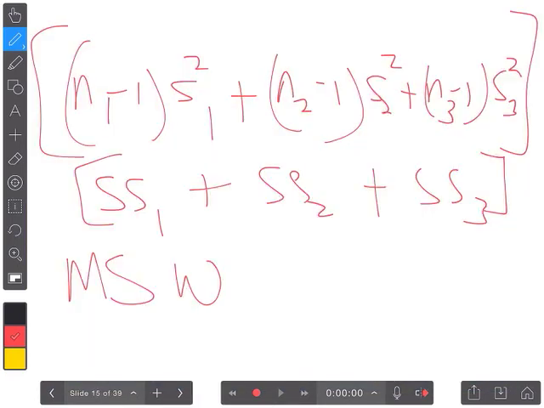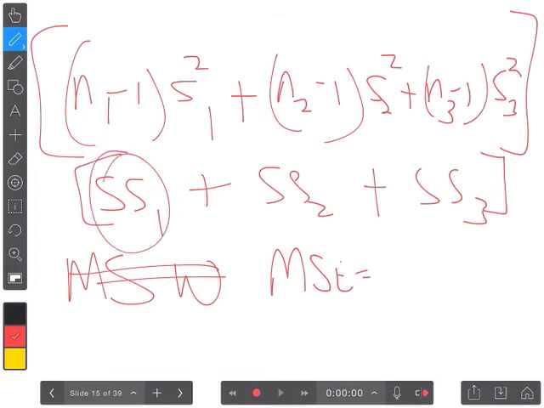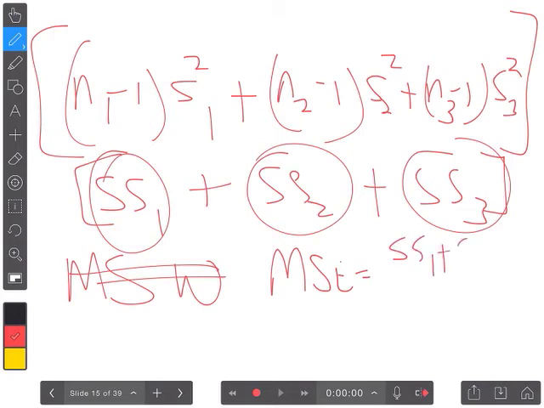So going back to my diagram right here, just to be consistent, I will refer to this as MSE. The mean squared error is the sum of squares for each of the samples, SS1 plus SS2 plus SS3.